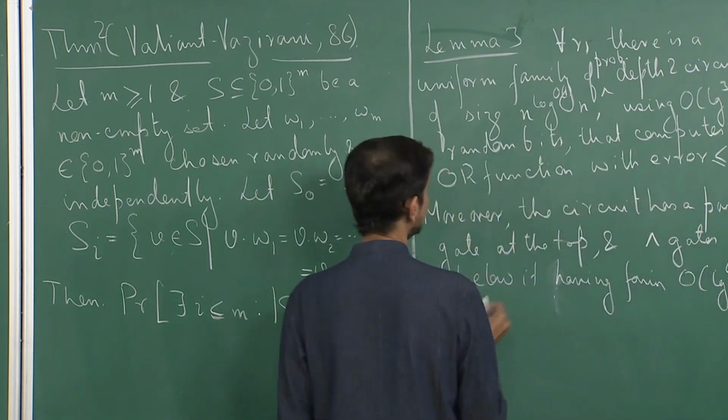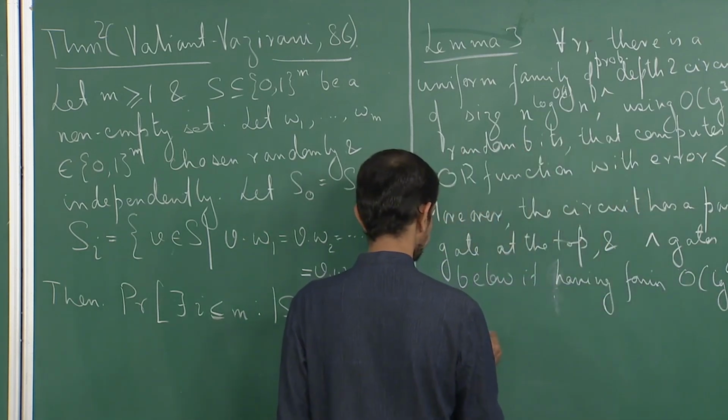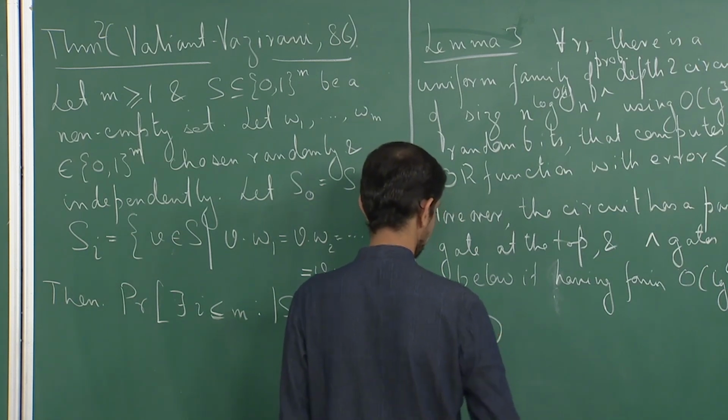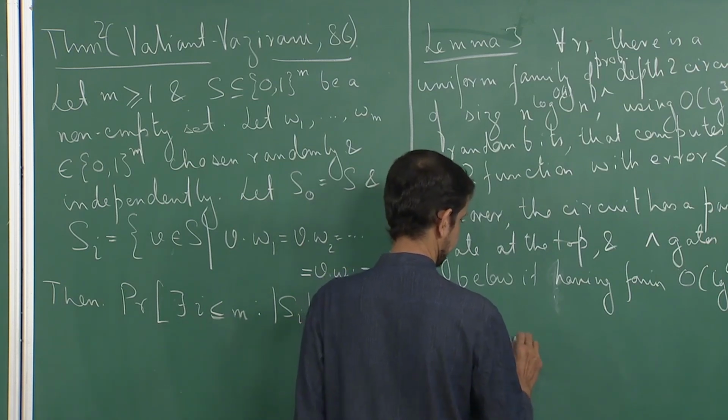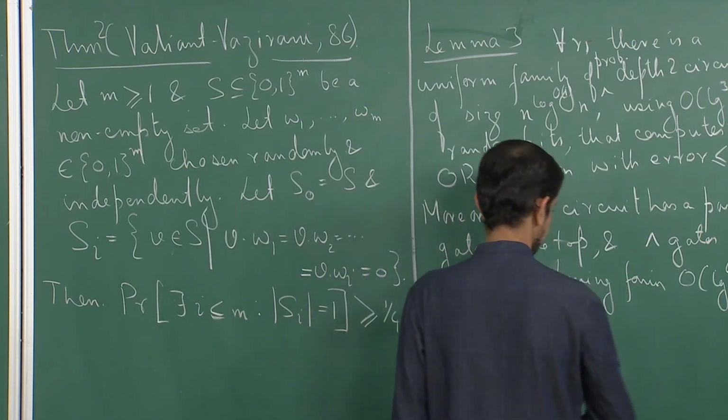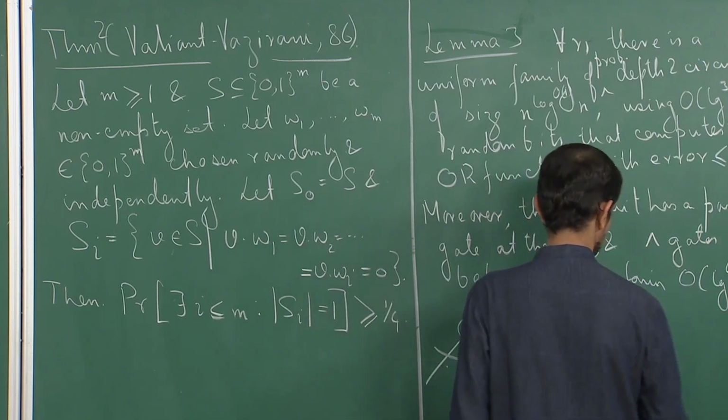So essentially what we are saying is that suppose I have an OR gate which is taking some n inputs. I can replace this with the following circuit.